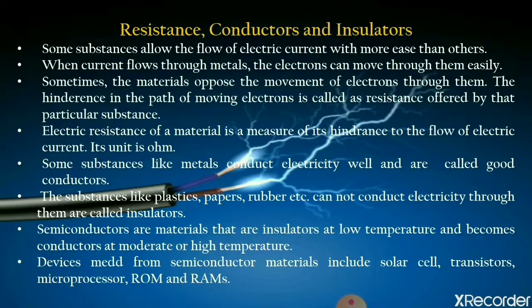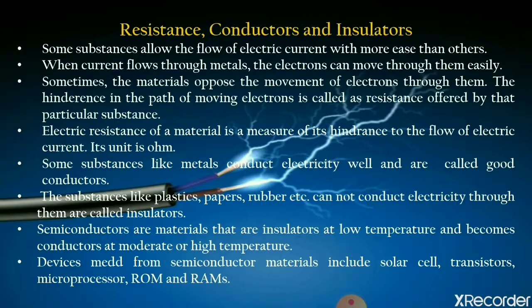Why are these things insulators, while iron, silver, gold, or any other metal can conduct electricity? Some properties make some materials conduct electricity and others not. These things are related to this topic, that is resistance.